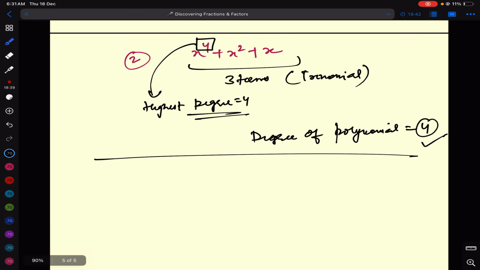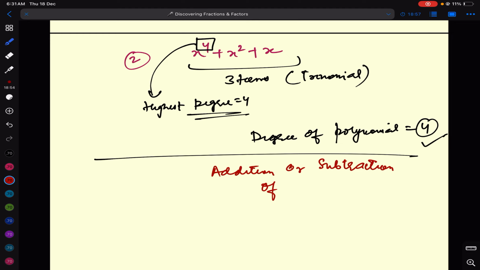Now next is, how do we basically add or subtract the polynomials? So next is addition or subtraction of polynomials. Now we are going to study how we add or subtract the polynomials.